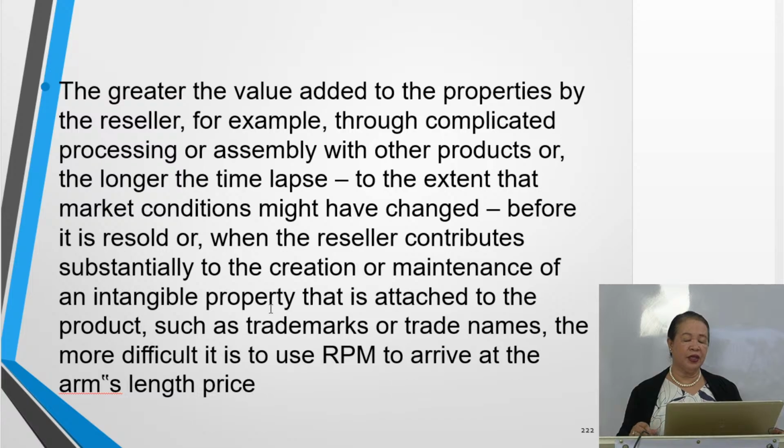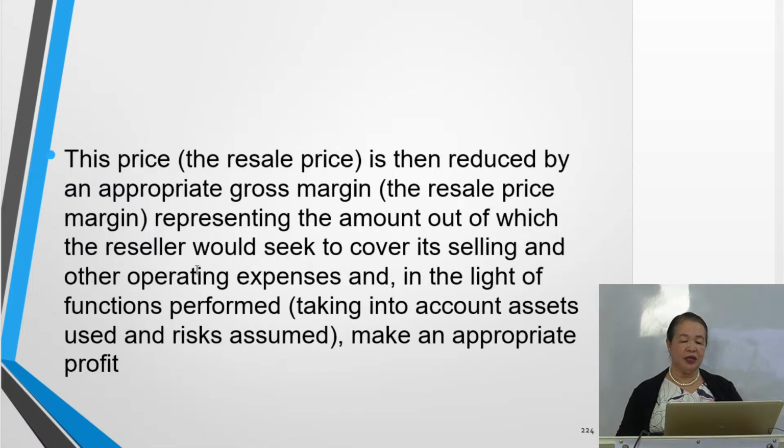So, the starting point in resale price method is the price, no? So, the resale price at which a product that has been purchased in a controlled sale is then resold to an independent third party, or the uncontrolled sale, no? So, the resale price is then reduced by the appropriate gross margin, the resale price margin, representing the amount out of which the reseller would seek to cover its selling and other operating expenses, and in the light of functions performed, taking into account assets used and risk assumed, make an appropriate profit.